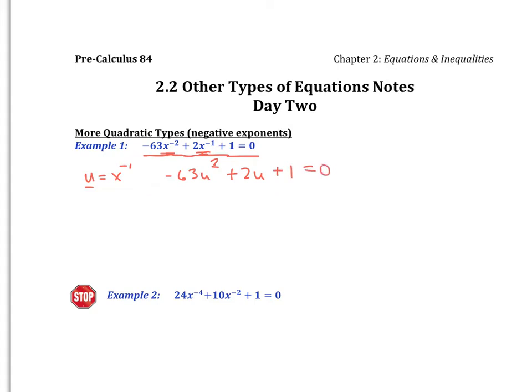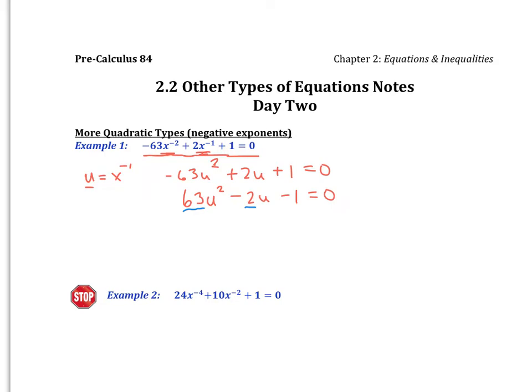If I don't like having a negative 63, I'm going to just go ahead and multiply everything by negative 1. I'm going to change this to 63u squared minus 2u minus 1 equal to 0. That makes things a little bit easier. The reason is, if I can come up with two numbers that multiply to be 63 that are 2 apart, then I can make that factoring easier.